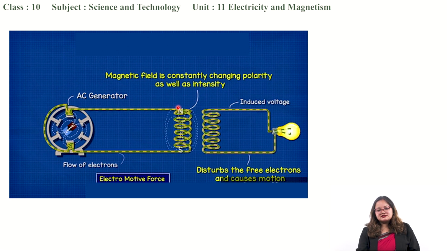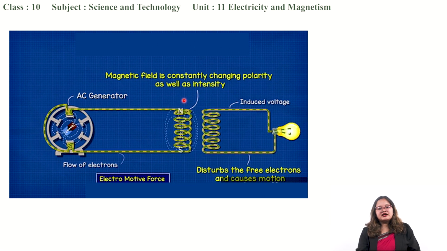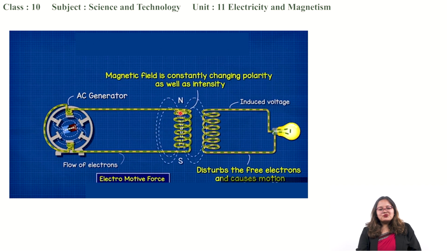But when it enters the second half cycle, the north pole becomes the south pole, and the south pole becomes the north pole. So it is changing the polarity, and its intensity is also changing, right? When this is happening, look at the other side now.